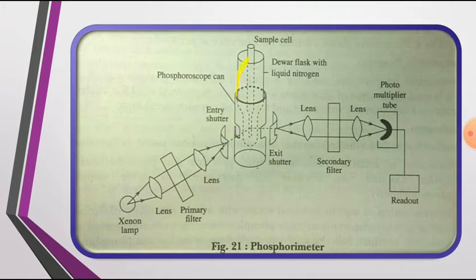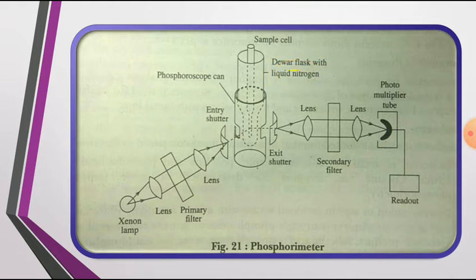So this is the whole assembly. See this one, this will be the phosphorescope can. This will be continuously moving with the help of the motor. In between, this is the sample cell. Into this sample cell, or you can say sample holder, the sample solution will be kept, and it will be kept in the Dewar flask along with the liquid nitrogen.